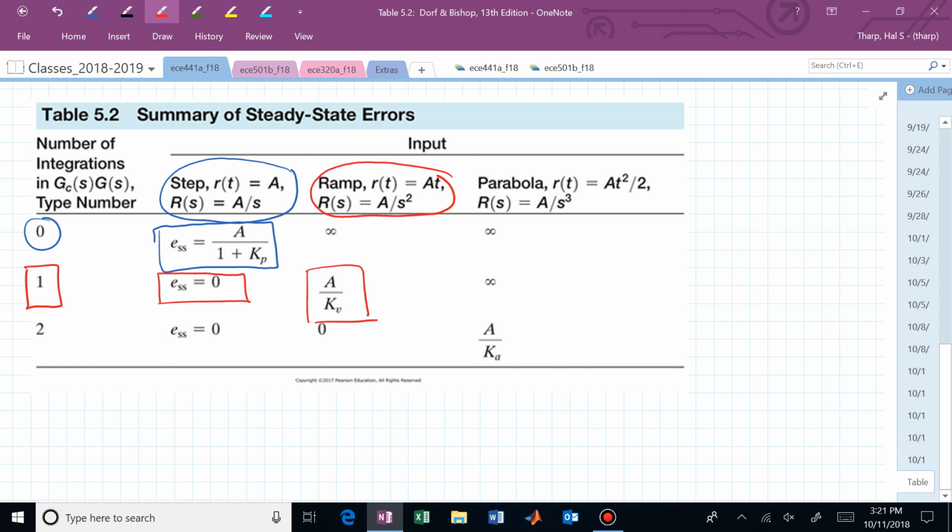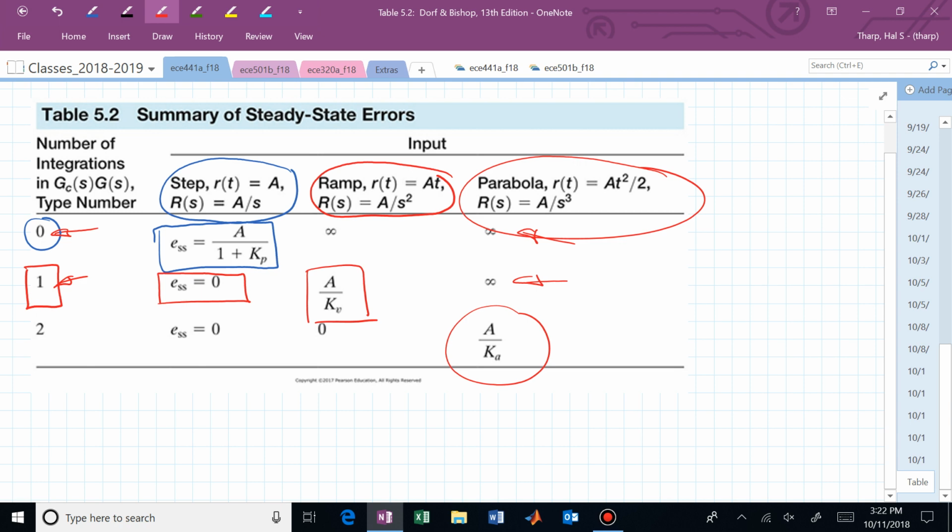Then if we go up a notch and add a second integrator, we have a steady state error of 0 to a constant, steady state error of 0 to a ramp, and a bounded error due to a parabolic input, but we have infinite error if we were using a type 1 or a type 0 system.